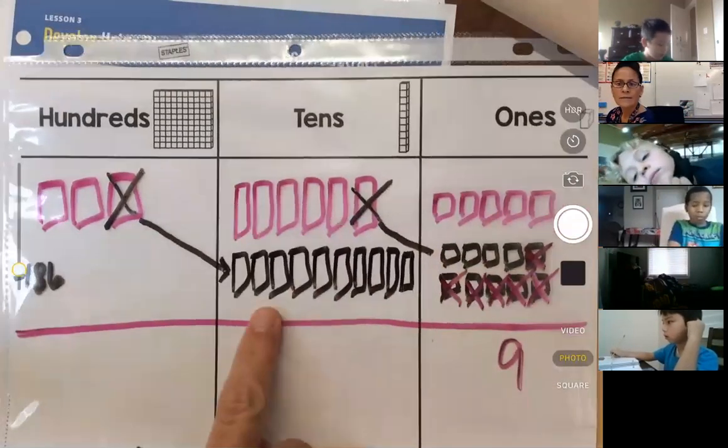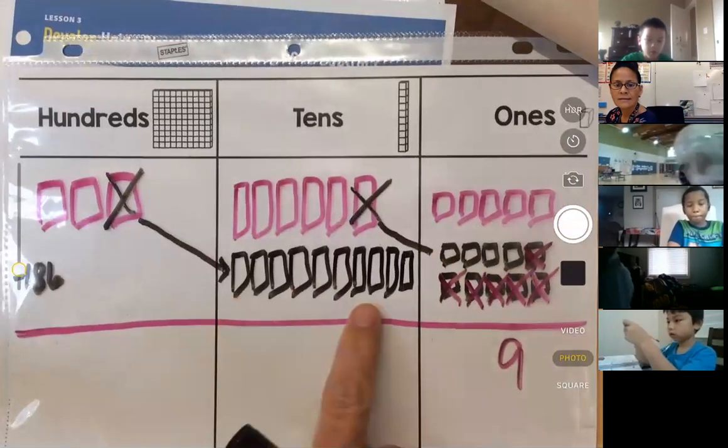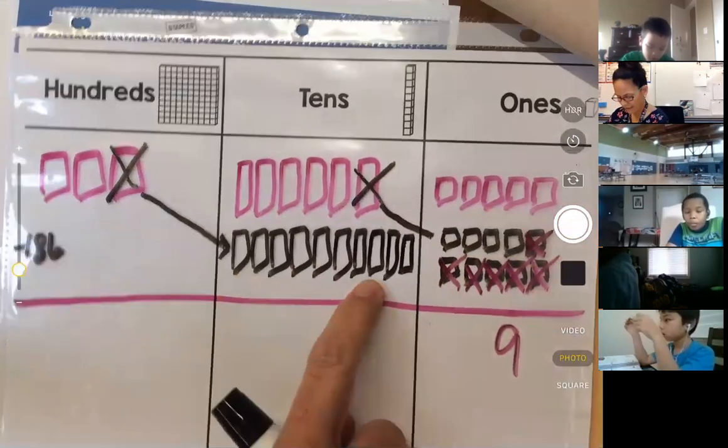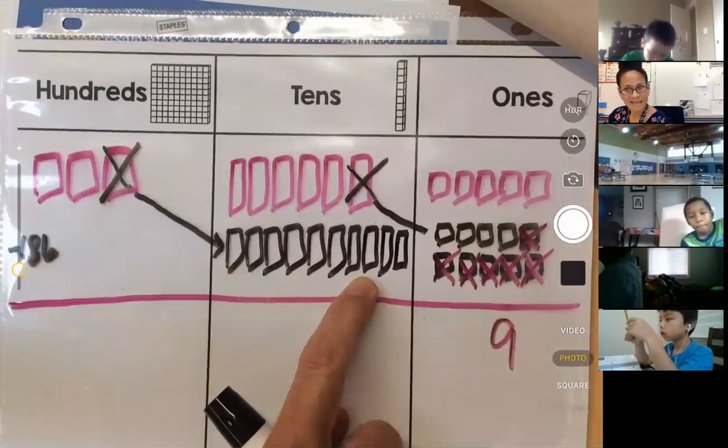So I made that 100 10 tens. Now I can take 8 away because now I have at least 8 there.